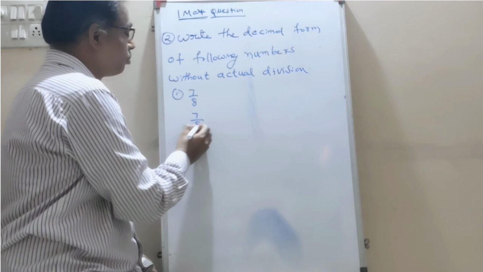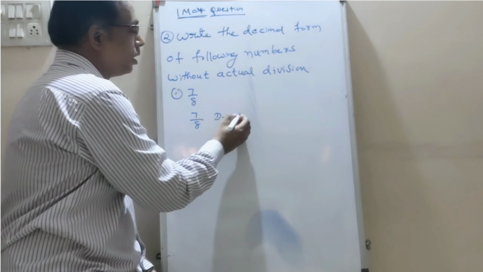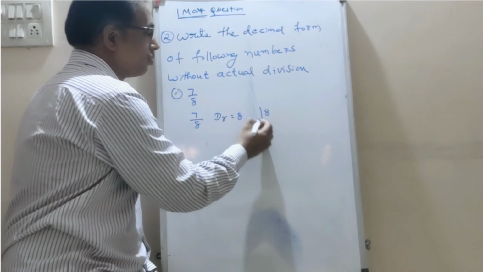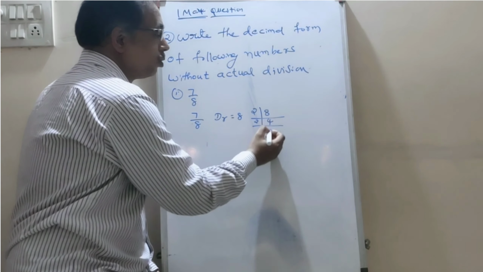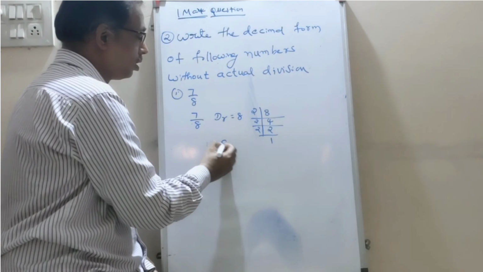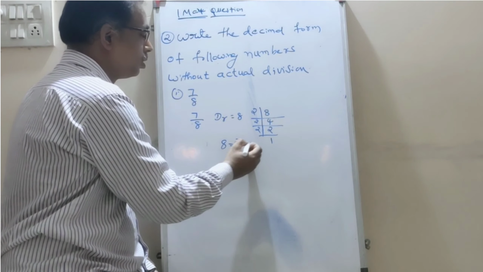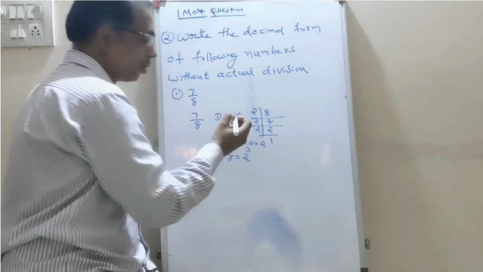In this 7 by 8, take the denominator 8. Take the factorization of this one. 2 fours are 8, 2 twos are 4, 2 ones are 2. Then 8 can be written as 2 into 2 into 2. Then 8 is equal to 2 cube.